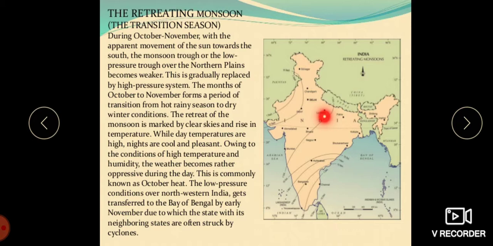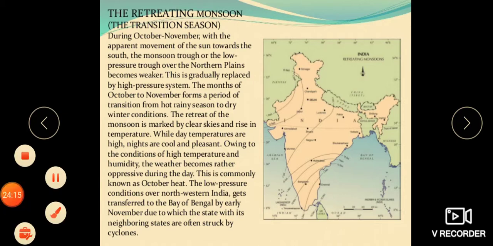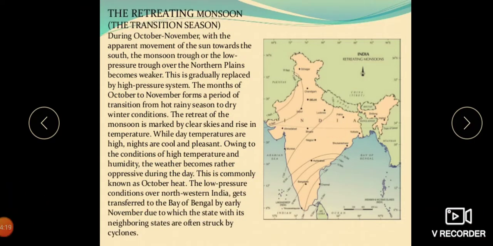The months of October to November form a period of transition from hot rainy season to dry winter conditions. The retreat of the monsoon is marked by clear skies and a rise in temperature and humidity. The weather becomes rather oppressive during the day. This is commonly known as October heat.